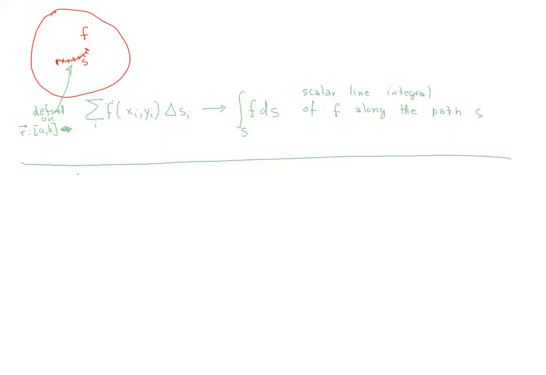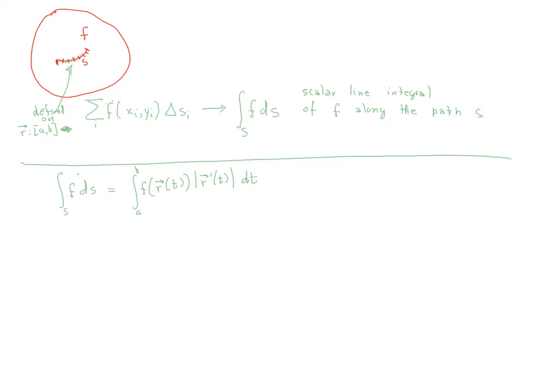Then the formula that we're going to use is that this is going to be the integral from a to b, the domain of the parameterization, of the composite of the function with the parameterization times the speed.